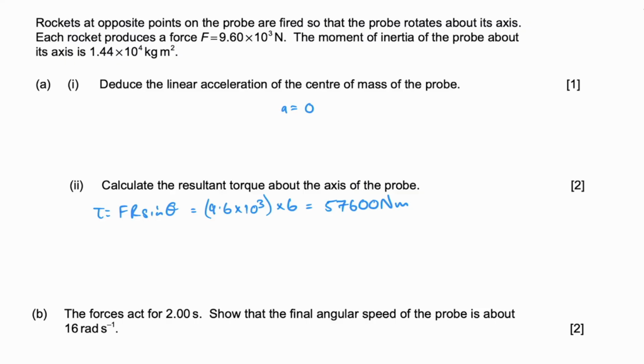For 2 rockets, it's twice that. So the sum of the torque is 2 times 57,600, which gives us 115,200 newton meters. Let's make that look a bit nicer: 1.152 times 10 to the 5 newton meters.